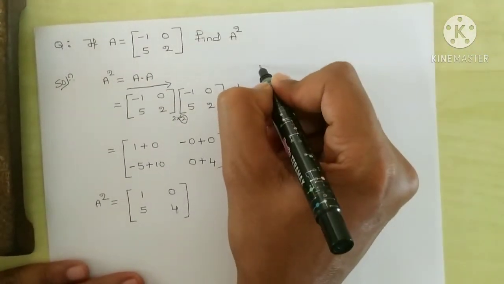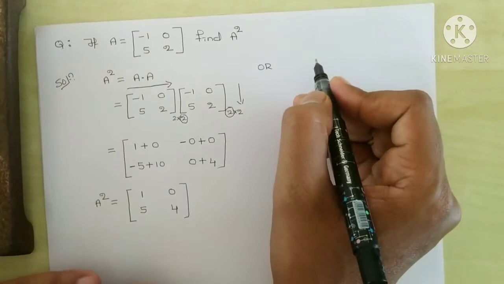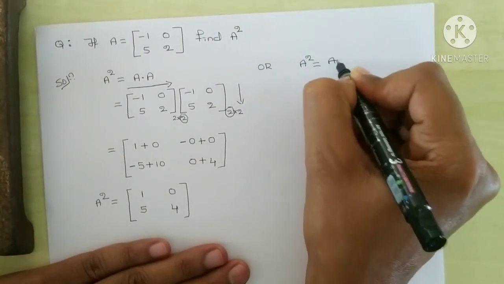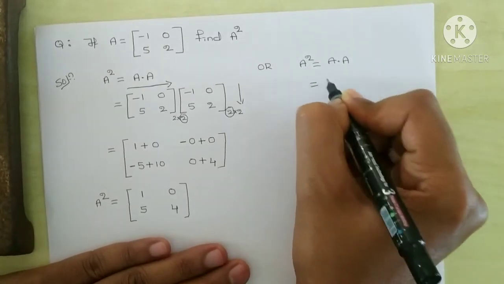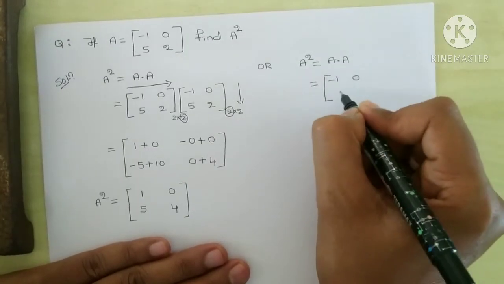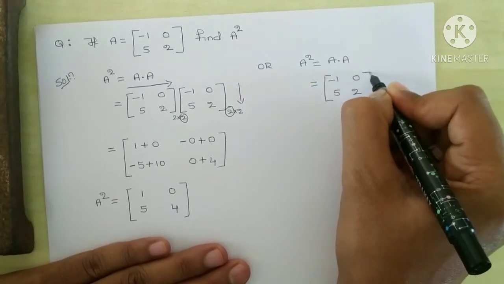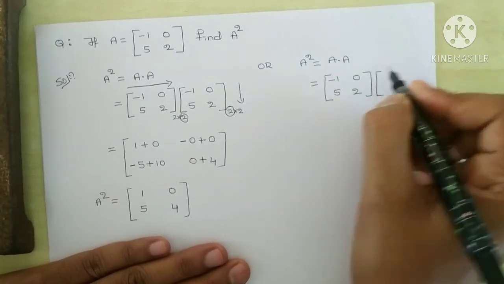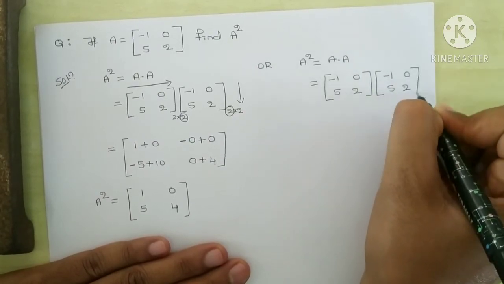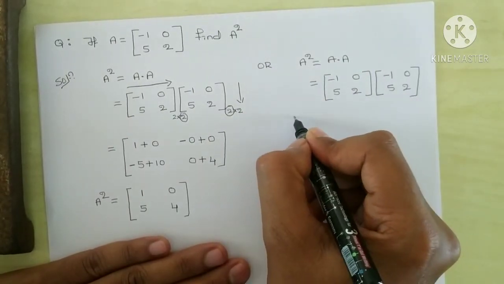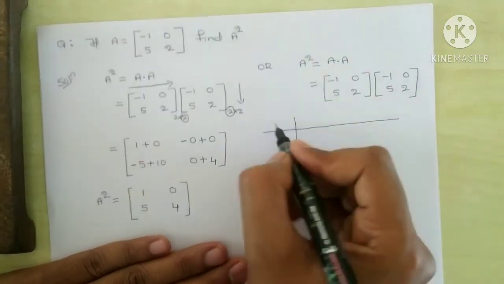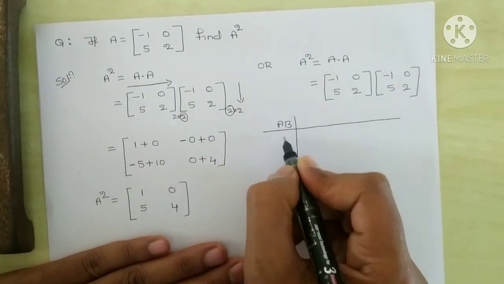Now, for the box method, same, A square can be written as A into A. For the first matrix, A, you write down minus 1, 0, 5, 2 into minus 1, 0, 5, 2. Next, put the line. Here you note down AB in this part.